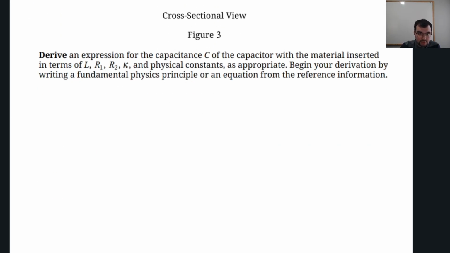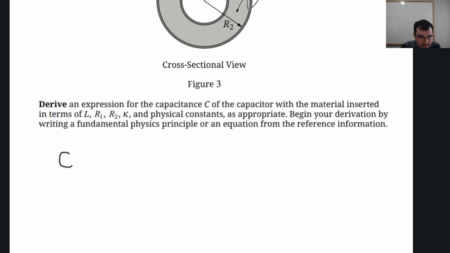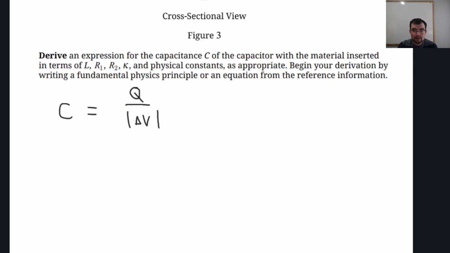So the definition of capacitance, which is what we're trying to find of this system, is defined as the magnitude of the charge on either surface divided by the absolute value of the potential difference between the two surfaces. And we can actually find this because we can figure out what Q is. We already did, actually. And we can find what delta V is.